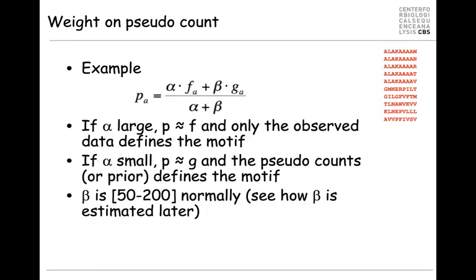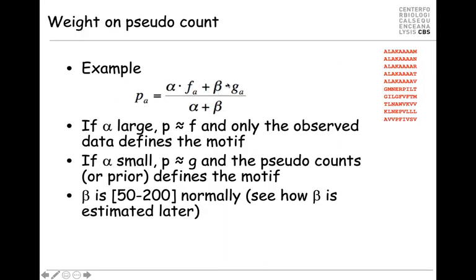So now you have found this equation, you have the values for alpha and beta. So what does it mean? Say you have an alignment where you have a lot of sequences. You're lucky and someone has made thousands and thousands of sequences to characterize your interaction to your receptor. So alpha is maybe 10,000, beta is 50, always between 50 and 200, say 100.